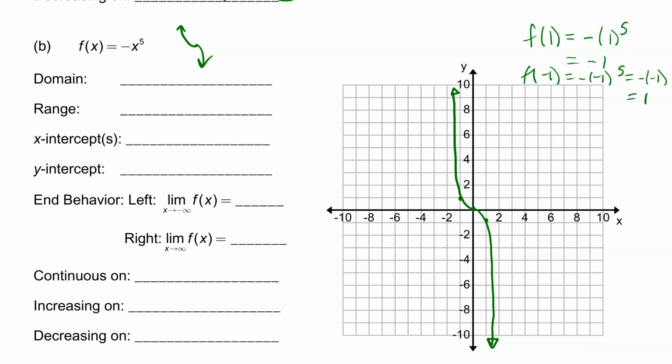So I have -1, 1, and 1, -1. There's my graph. Roughly looks like x to the 3rd power flipped. So notice we have a negative coefficient and an odd exponent. I'll give you about 15-20 seconds. See how much of the left side you can fill out, and then we're going to go over it together.